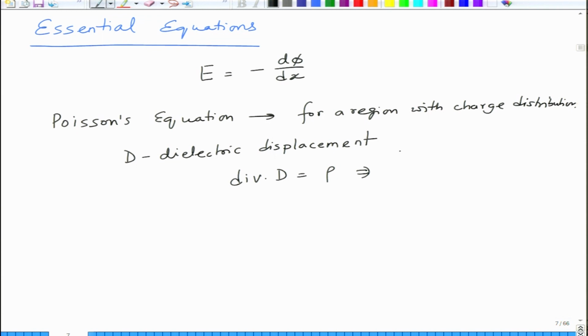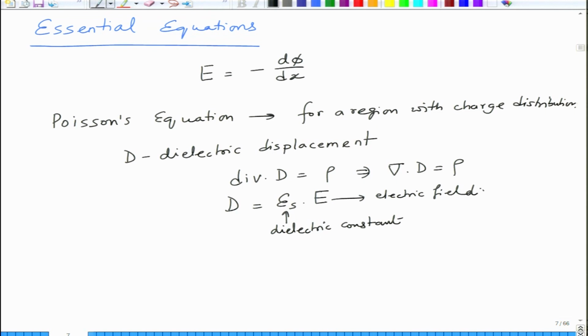So del dot D is equal to rho, and from basic physics we know that D is equal to epsilon S times E, where epsilon S is the dielectric constant of the semiconductor and E is the electric field.